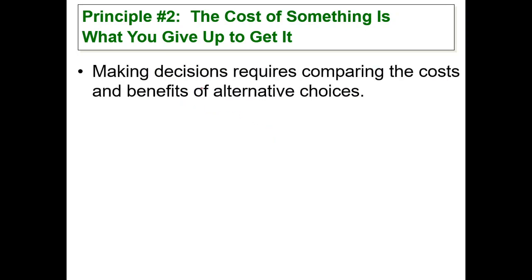Okay. Making decisions requires comparing the cost and benefits of alternative choices. So alternative choices, we have different choices, no? But this choice is limited by our resources. That is very limited and scarce. So there is cost in every decision that we have.